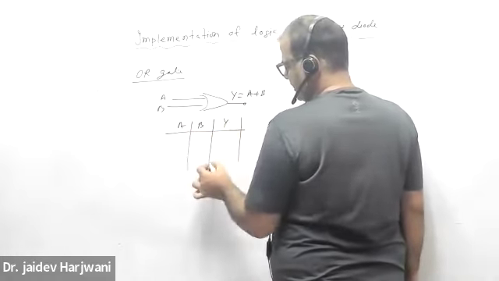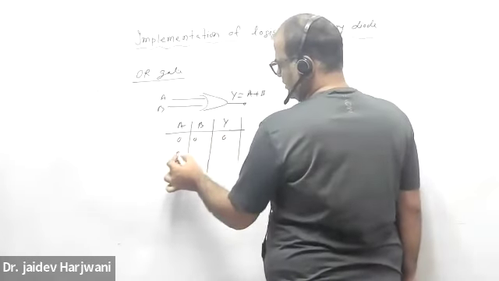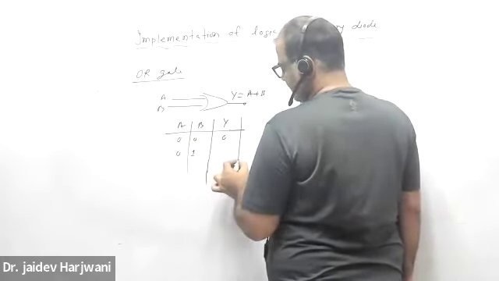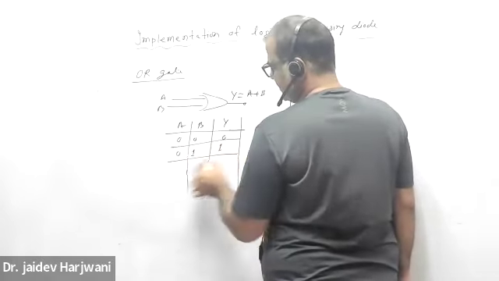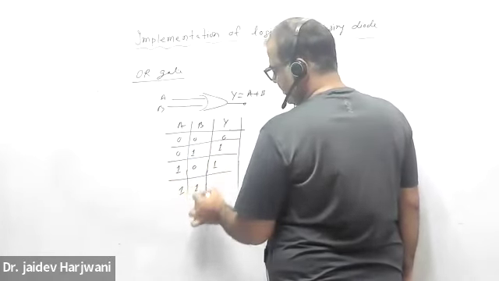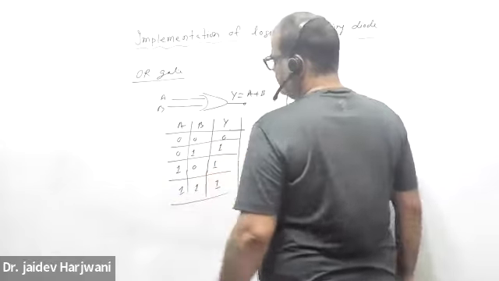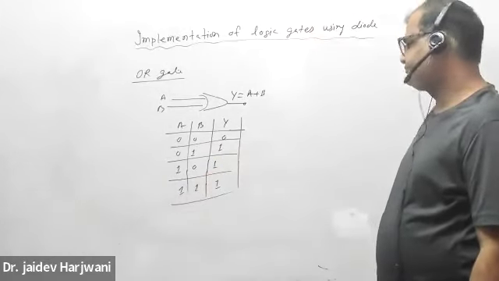Generally if both are low, the output will be low. If either of A and B is high, the output will be high. Similarly, 1, 0 will give you 1 and 1, 1 will give you also 1. This is your truth table for the OR gate.